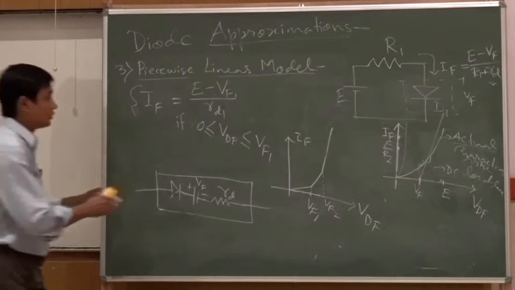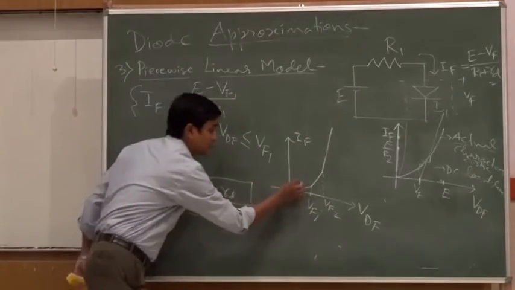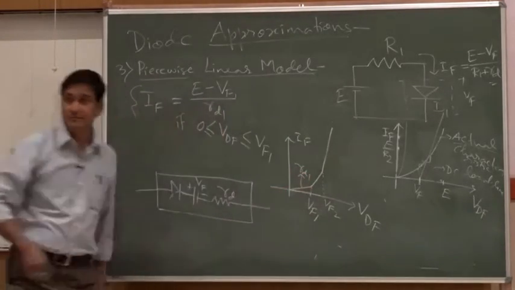If it goes beyond this, that means the slope related to here, it is RD1.